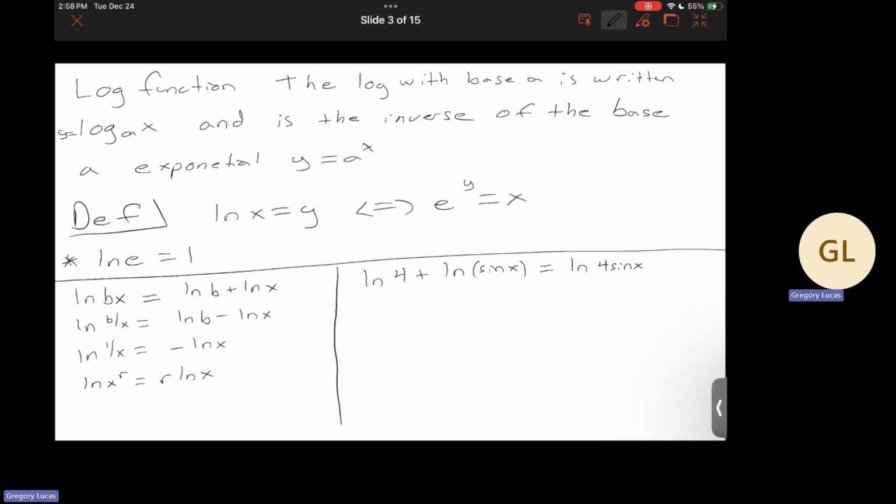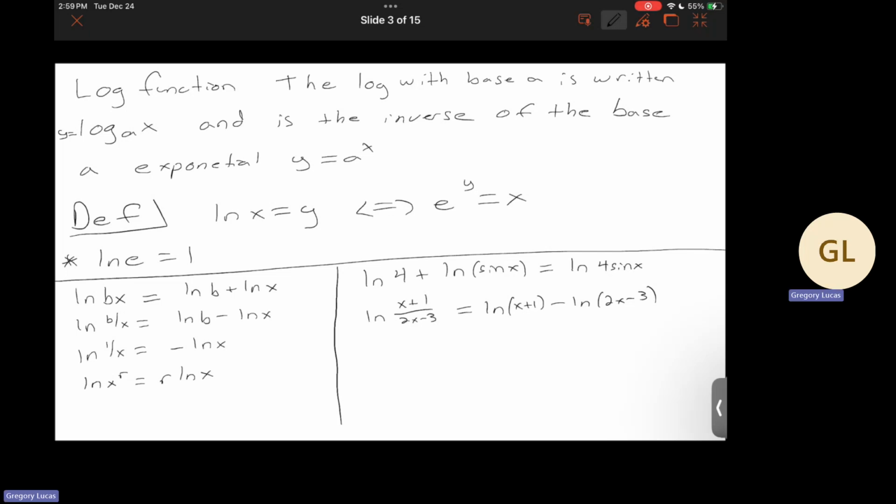Let's say I have ln of x plus 1 over 2x minus 3. I'm also able to expand this. This would be the ln of x plus 1 minus the ln of 2x minus 3. So I can change division into subtraction.